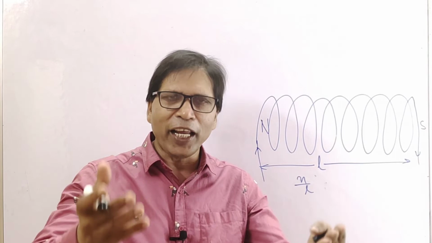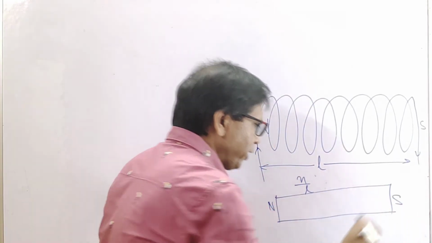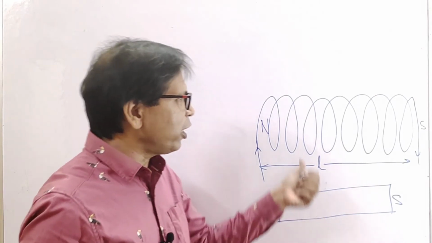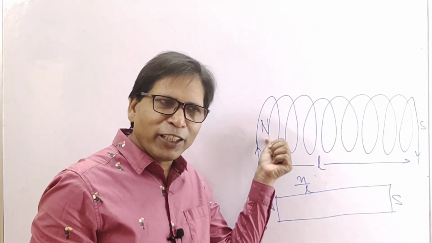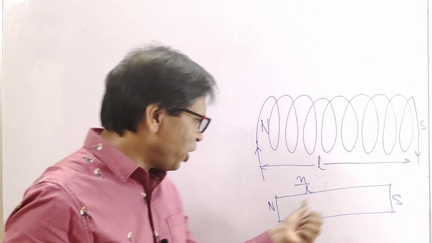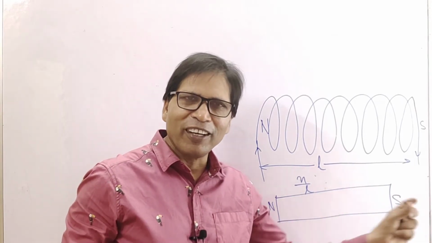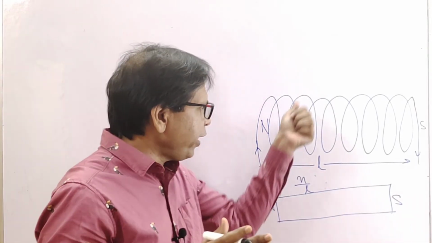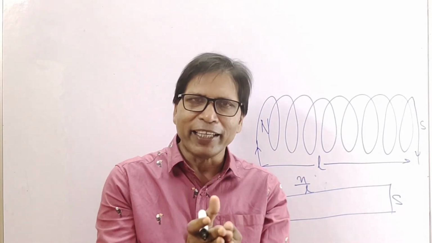Now, what is the similarity between a permanent magnet and a solenoid? Look at this. This is the permanent magnet and this is the solenoid. One end of the solenoid is the north pole and the other end is the south pole. Similarly, one end of the magnet is the north pole and the other end is the south pole. Each turn of the solenoid acts as a sheet magnet.